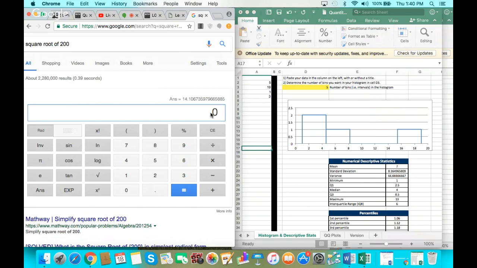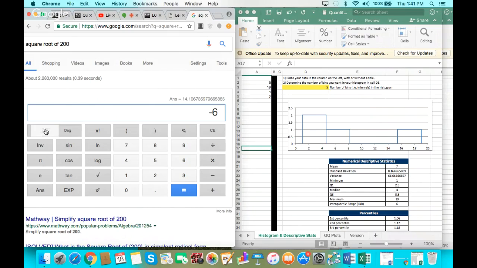Let's do -6 and then squared. Well, -6 squared is just -6 times -6, so let's just do times -6. Yeah, that's 36.